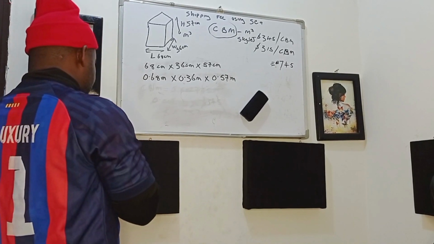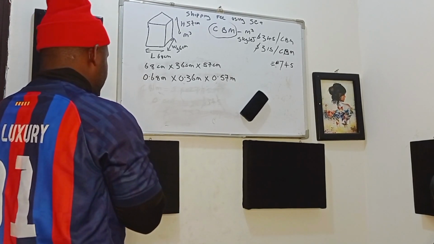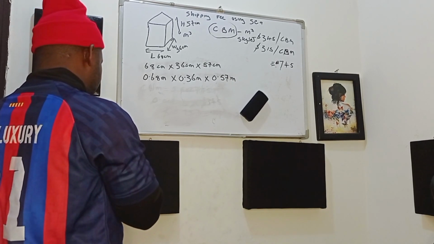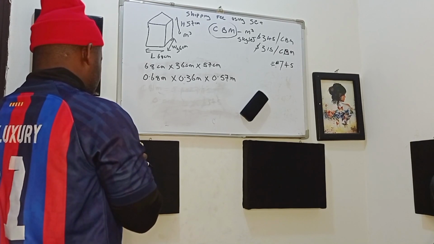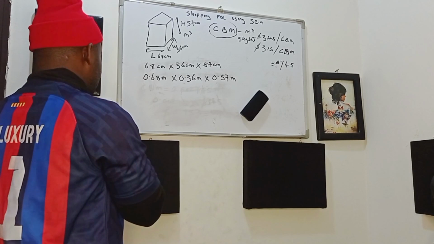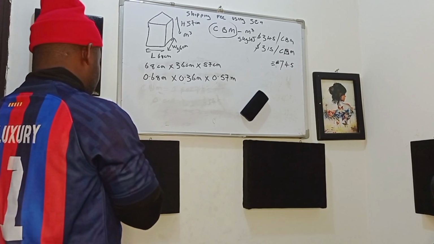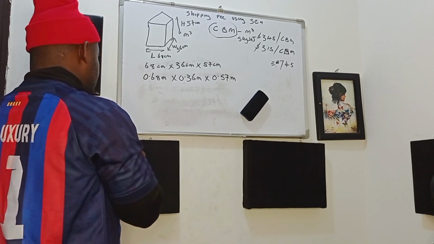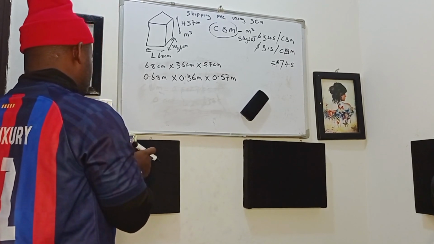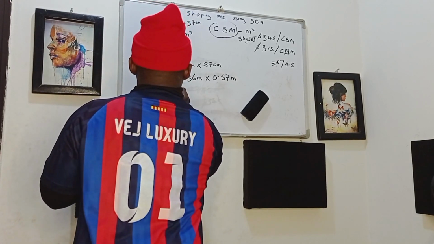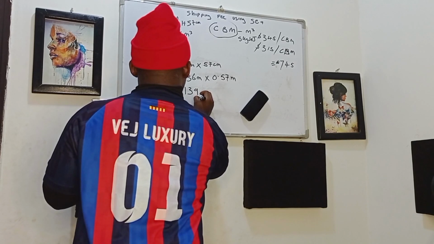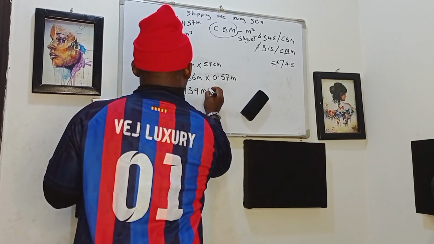So 0.68 times 0.36 times 0.57. Let's do it again. 0.68 multiplied by 0.36 multiplied by 0.57 gives us equal to 0.139 meter cube.